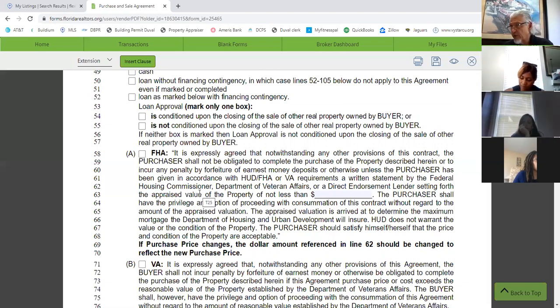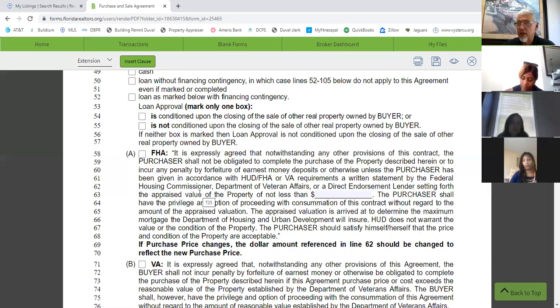Didn't appraise for enough, I'm not selling it. It's the purchaser's option. That gives you the right to stay and buy it at that price. It gives you the right to leave. Okay. Anytime you have the right to leave a contract, what does that give you? That gives you the right to negotiate. Either you lower the price or I'm leaving.